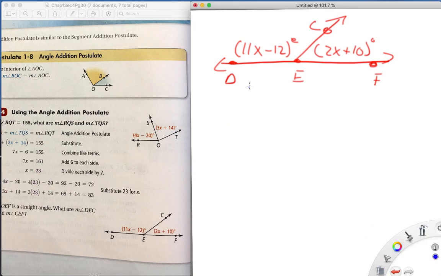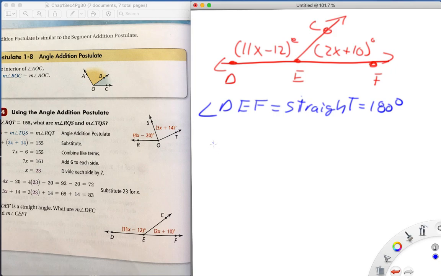So I'm told that the whole big angle, angle DEF, is straight. So if it's straight, I know that it equals 180 degrees.